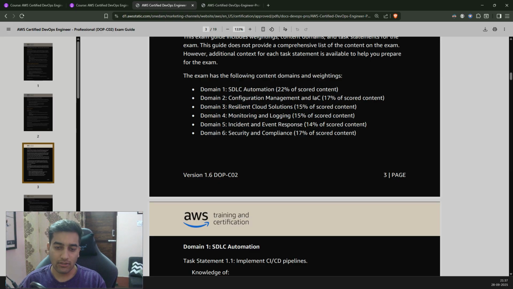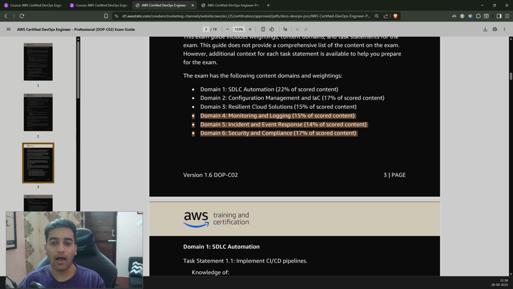These are the services which pretty much remain the same for any AWS certification exam. It's not just this exam where the questions or the services are going to be different. But because I have a lot of experience with deploying services on AWS, these 3 domains were very easy for me to cover.